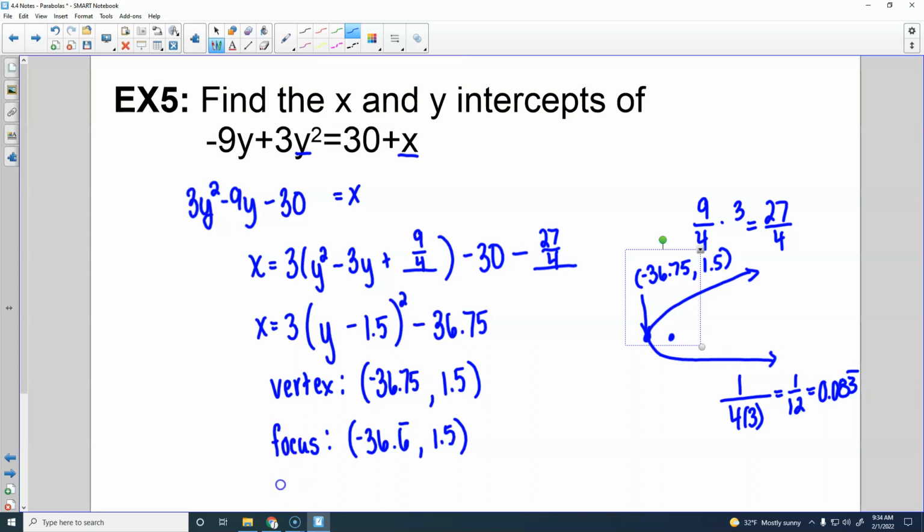And then our directrix, it's going to be over here. It's a vertical line, which is the x equals. So we take our negative 36.75 and we subtract the 0.083 repeating, and we're going to get negative 36.83 repeating there.